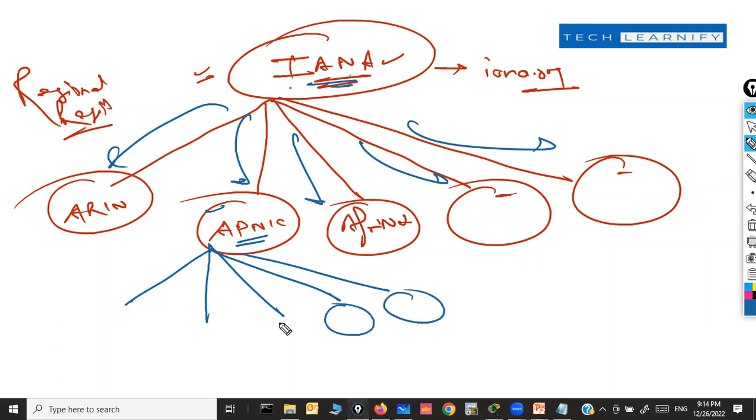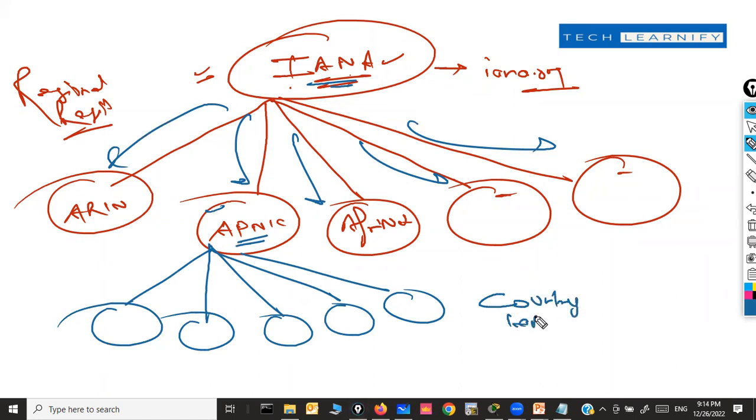So here there are country-level or specific internet authorities, different authorities, like IRINN, which is one authority operating in India. It's country based. When I'm in India, in any city, if I need a public IP, I'm not going to approach IANA directly.